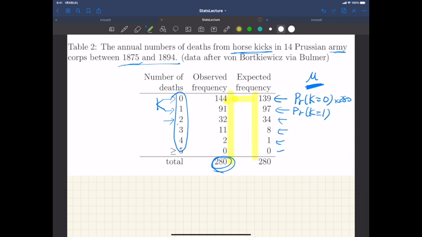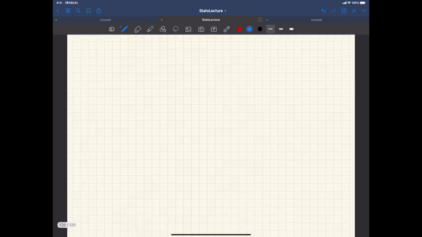It's not exactly accurate, but if you look at these approximate numbers, around 140, a little less than 100, around 30, around 10, around 1, and so on, the orders are in remarkable agreement. So this is a nice example of the application of the Poisson distribution.